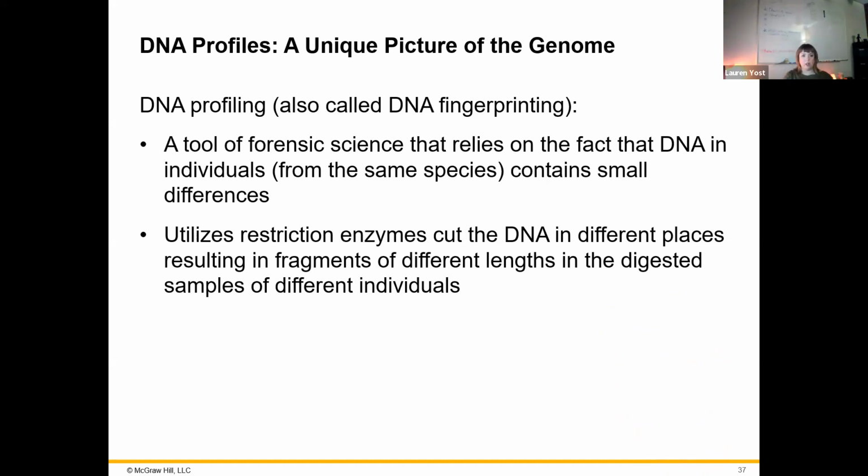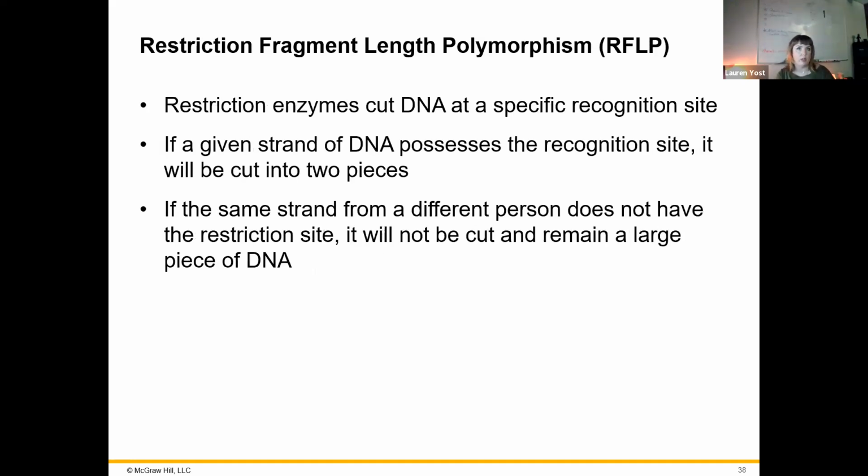DNA fingerprinting. This is forensic science that relies on genetic engineering techniques to make cuts in DNA and then compare the results based on the differences between different people, using various enzymes to see if this blood sample is your blood or somebody else's blood.